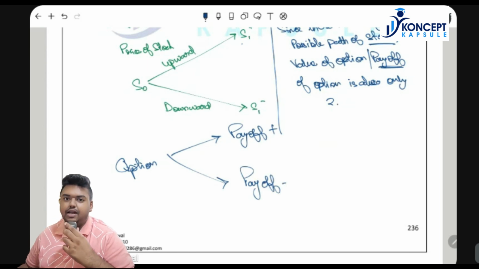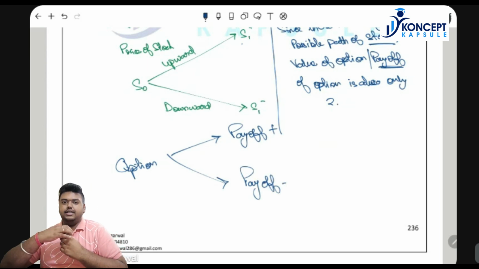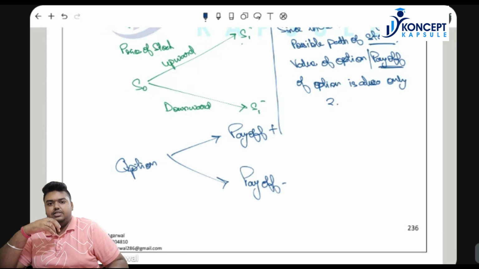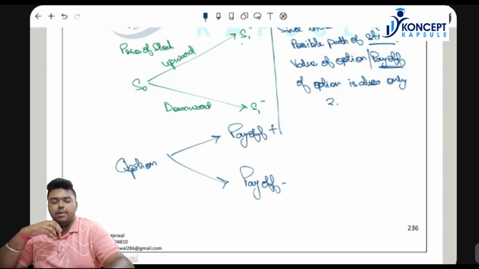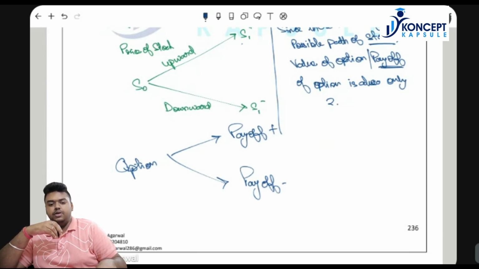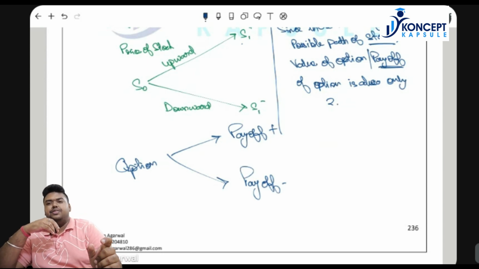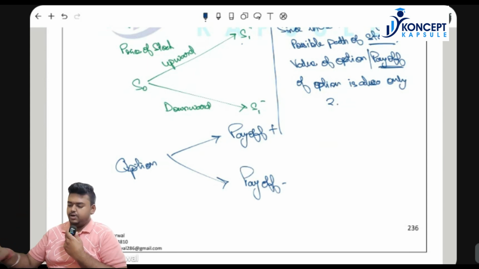It is a simple analogy that the binomial model is drawing. It is saying that we are assuming that stock price can only go up or only go down. Because of this movement, there are only two possible values of an option at one point of time. Either it will be up or it will be down.